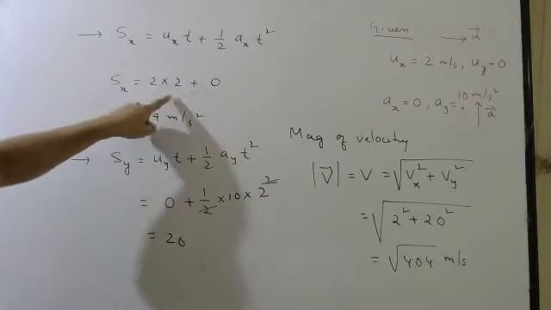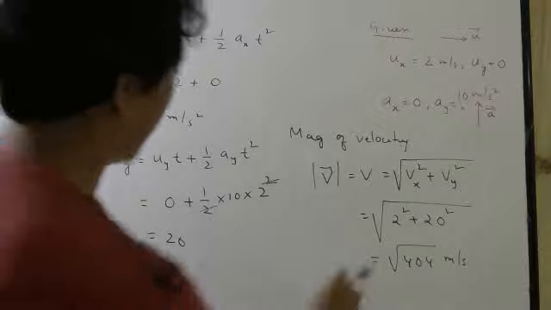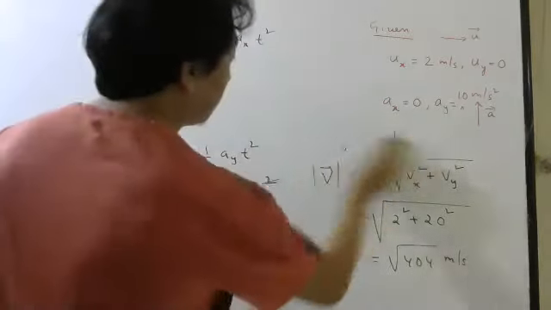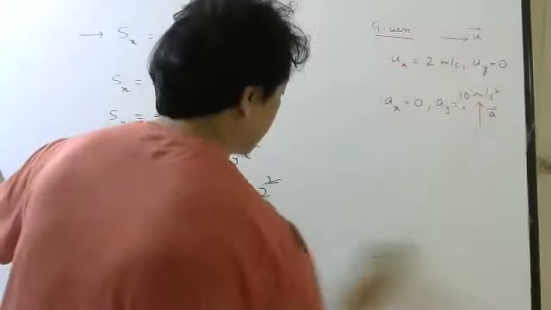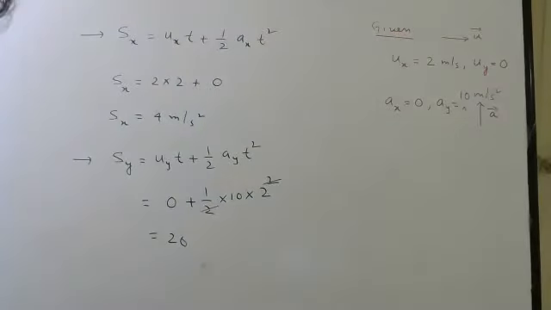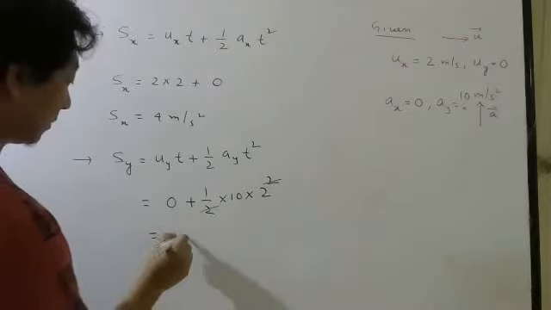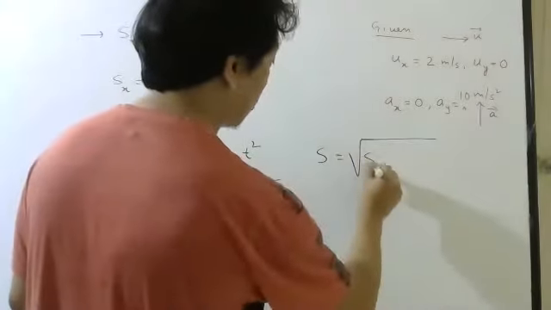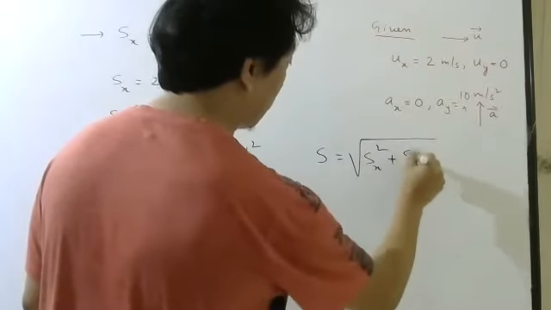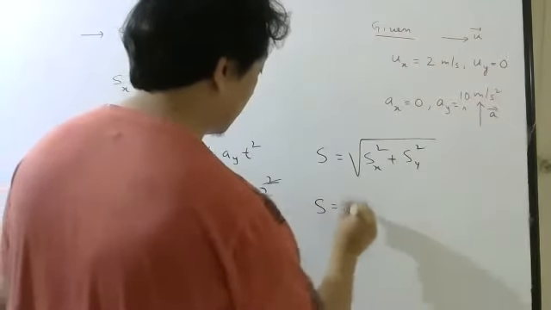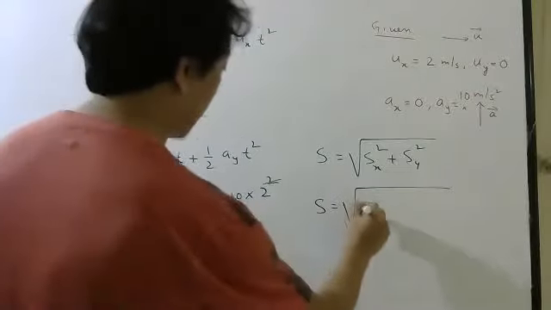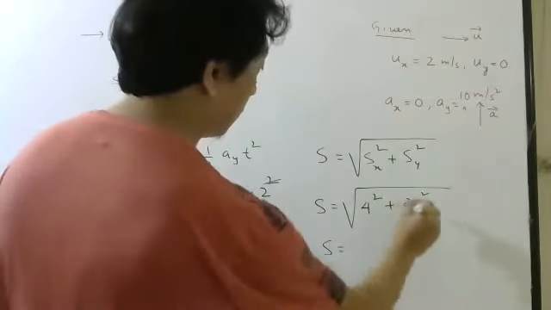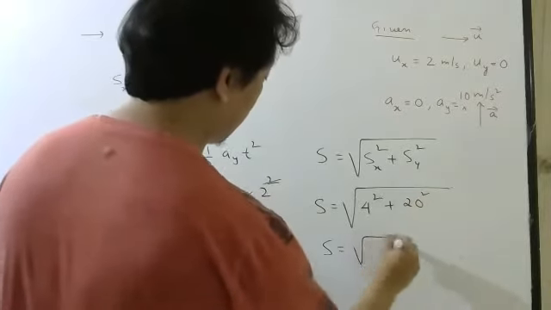Ux is 2, time taken is 2. This is 4. So displacement will be root over x component square plus y component square. So root of 4 square plus 20 square. 16 plus 400, root of 416.